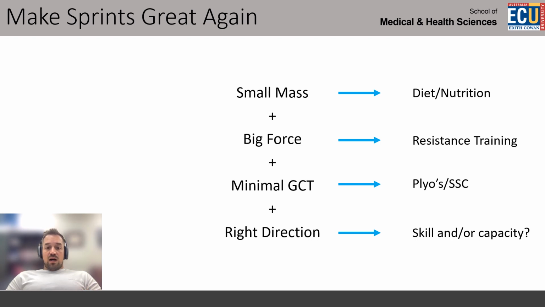But what I want to highlight with the last part of this lecture is the unique demands of maximum velocity sprinting and how to exploit this as an adequate training stimulus instead of thinking about how to improve these listed determinants in isolation.